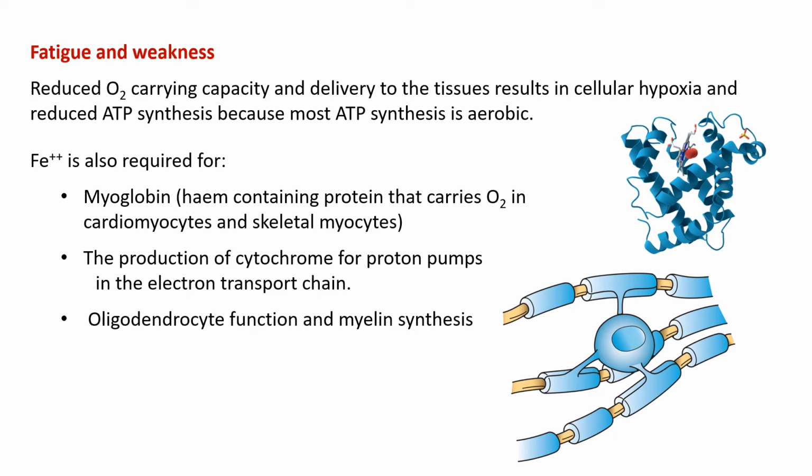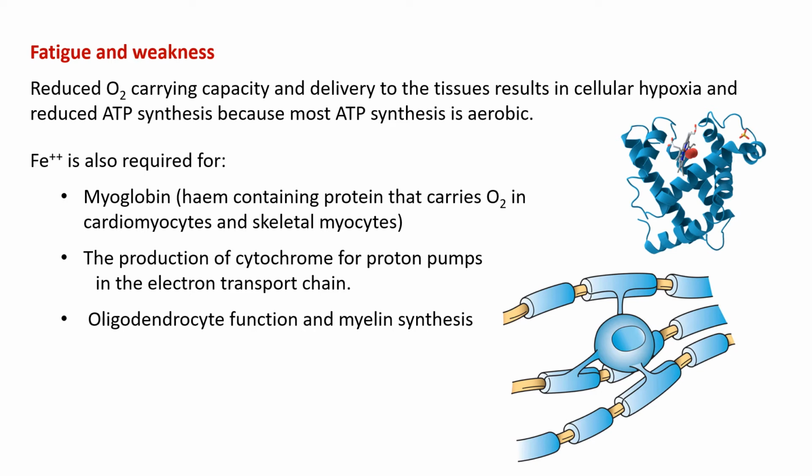Another issue, remember oligodendrocytes? Oligodendrocytes, if you remember, are like the Schwann cells of the central nervous system. So they produce myelin that insulates around the axons within the central nervous system and also holds those axons together. And of course, this increases conduction speeds because we have saltatory conduction in myelinated axons.